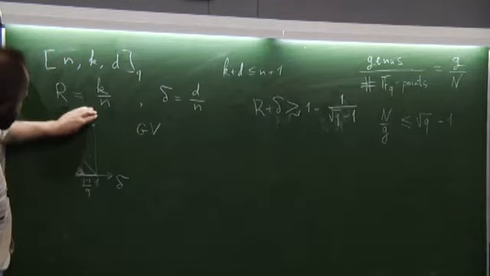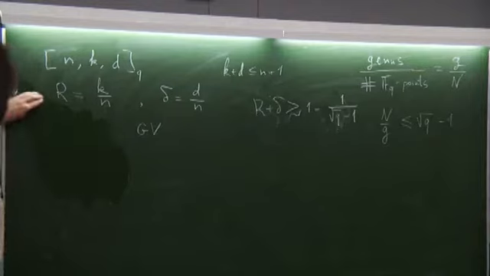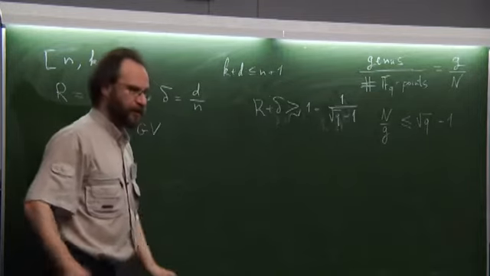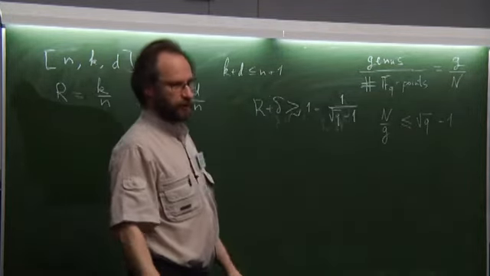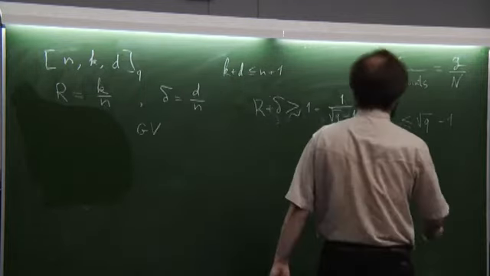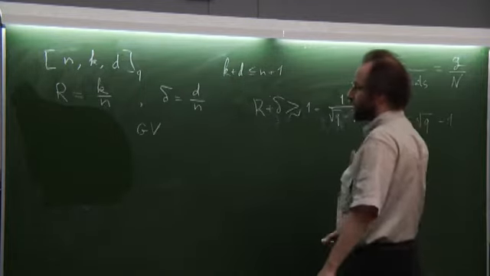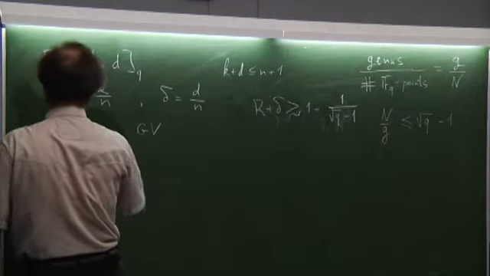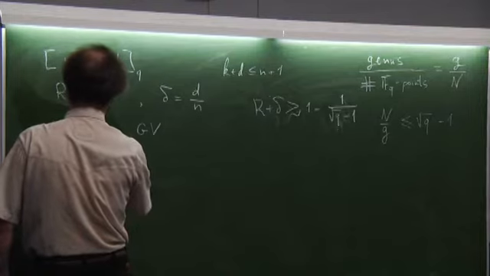So now I erased this, and I'll finish what I was speaking about yesterday. That is how to use number fields to construct good codes, because about function fields I have already told you. So for a number field, you have a number field k. You take the ring of integers.